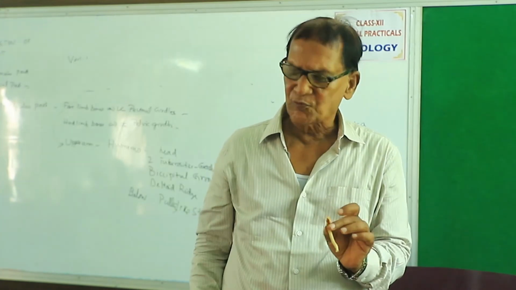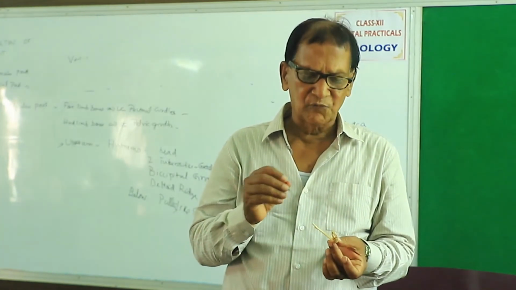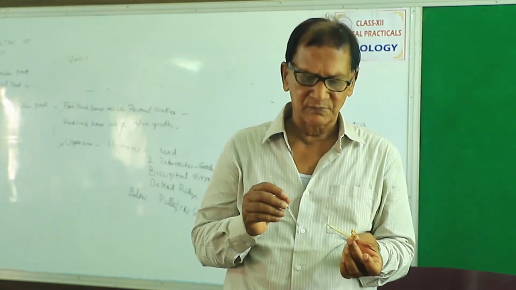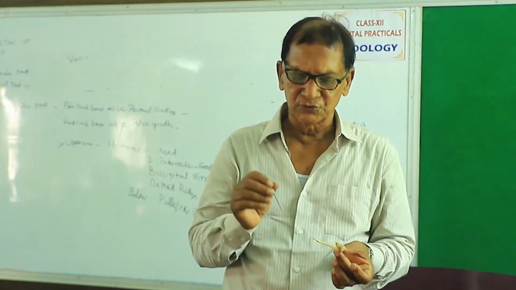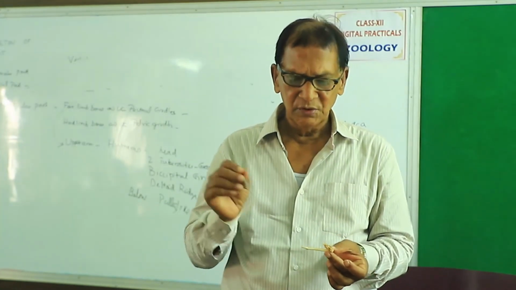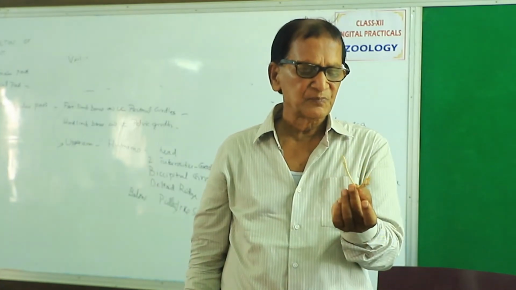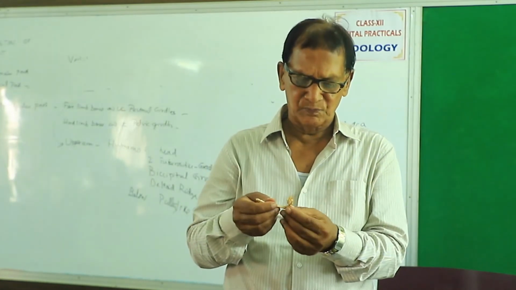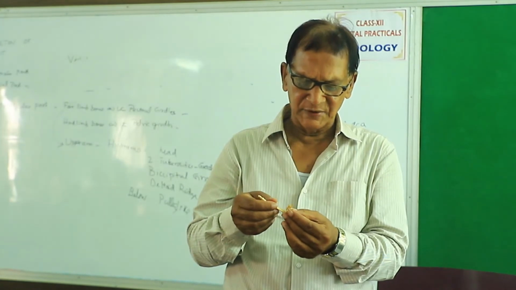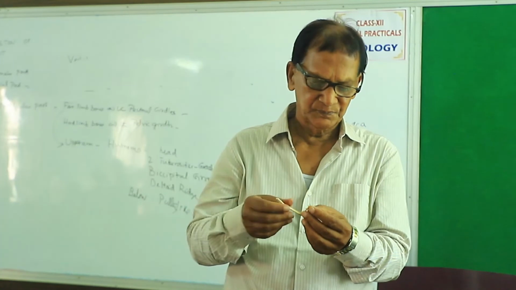There is a phalangeal formula to describe the number of these phalanges. The phalangeal formula for the forelimb of the rabbit is 2, 3, 3, 3, and 3. So this is the palm region. Then we have the fingers.